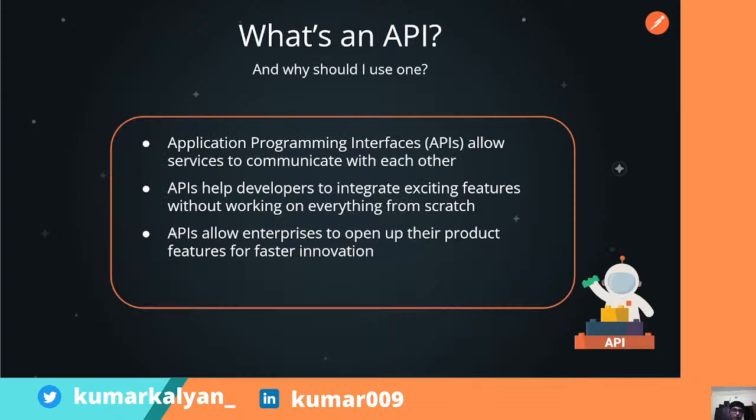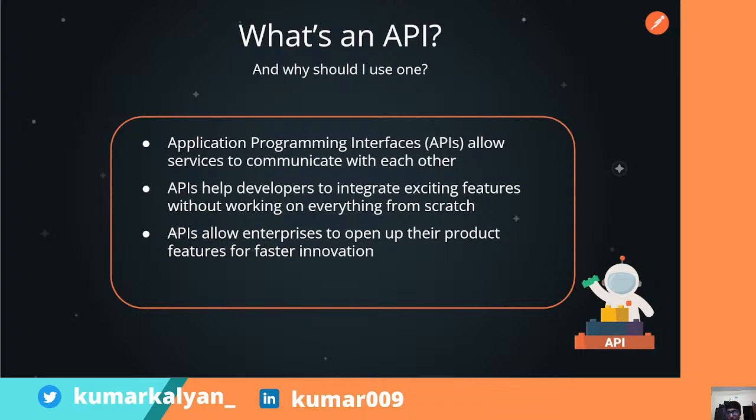Talking about what an API is and why you should use one. APIs, or application programming interfaces, in the field of computer science allow our services to communicate with each other, just like a telephone call. Let me give you an example. Suppose you want a pizza from Domino's.